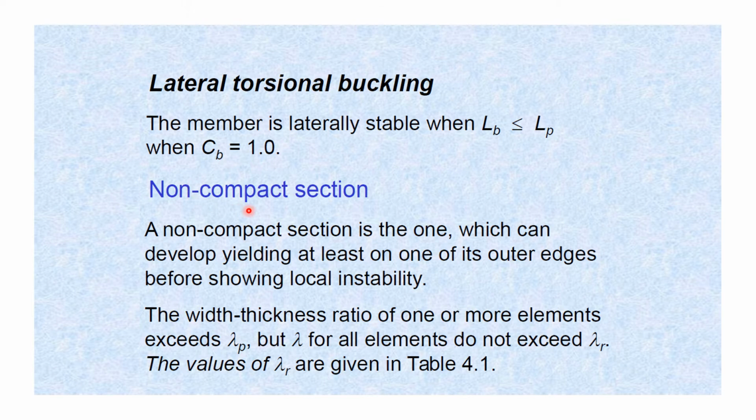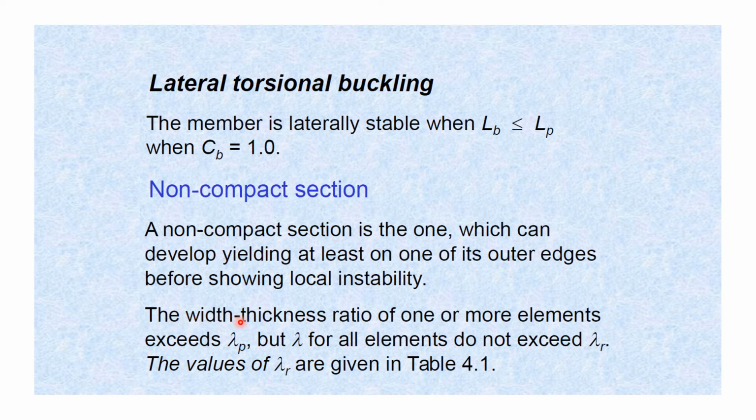Now the non-compact section. A non-compact section is one which can develop yielding in at least one of its outer edges before showing local instability. Before going to instability, at least one side can go for yielding, but remember it will not go for full plastification.